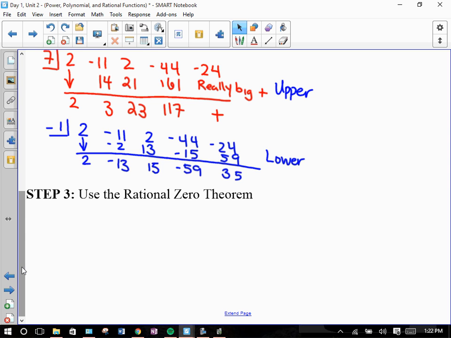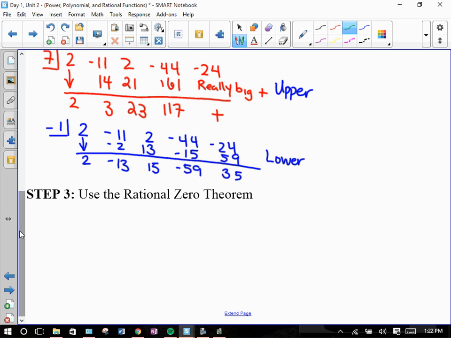Now, let's check that. First off, we're going to use the rational zero theorem to find out which of these possible zeros are actually zeros.